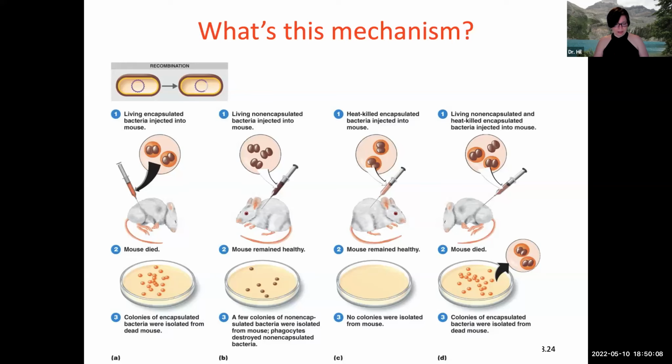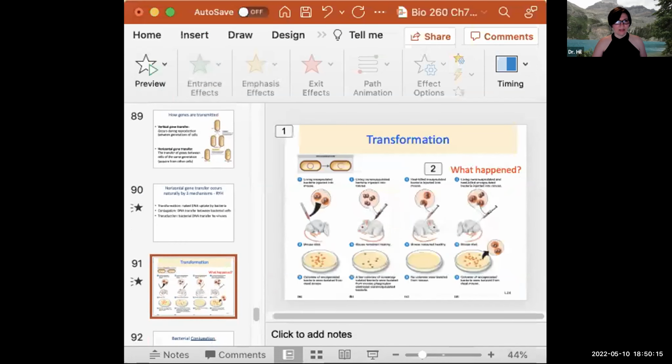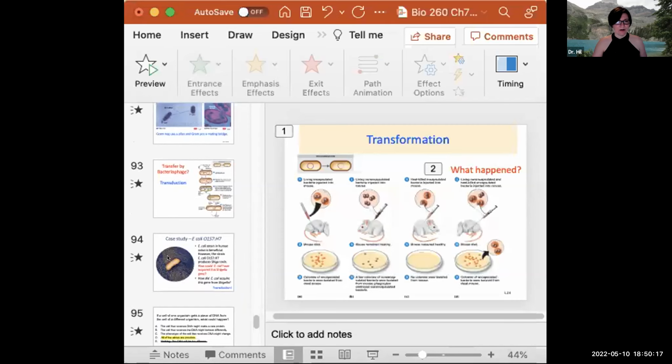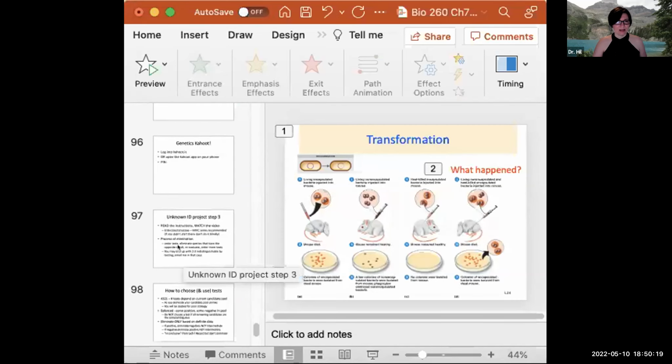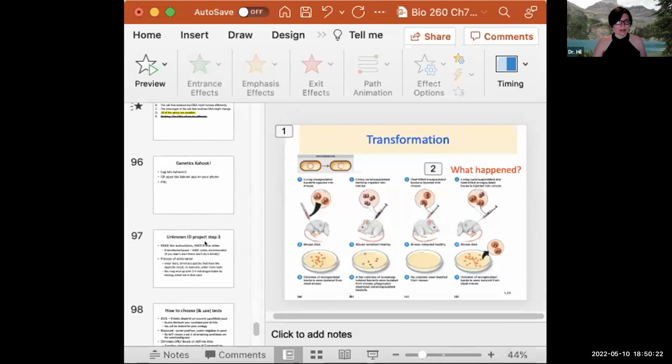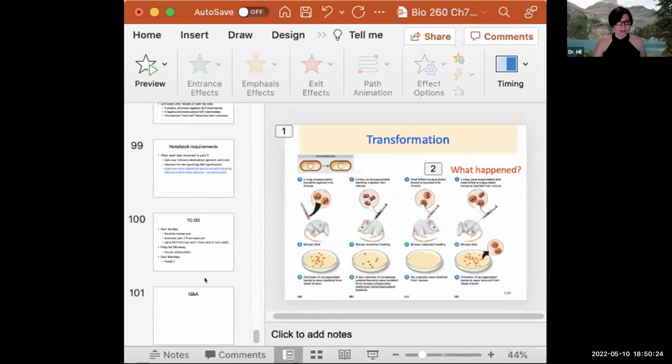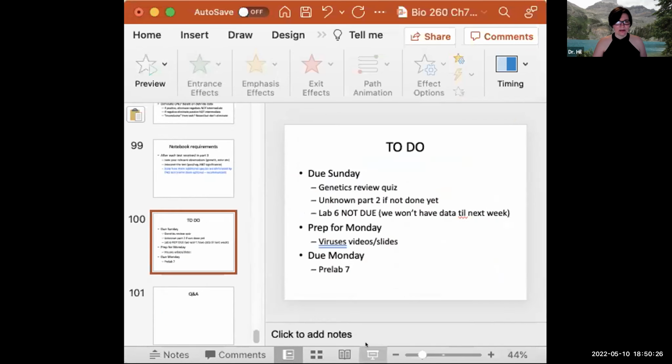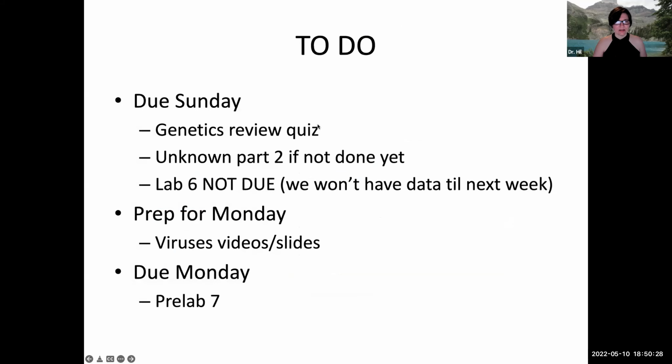So one thing that's really important to say at this point is that you need to prep for the weekend, okay? So what is going to happen is there is a genetics review quiz. There is a deadline for lab, but you need to prep for Monday by doing the viruses video slides.